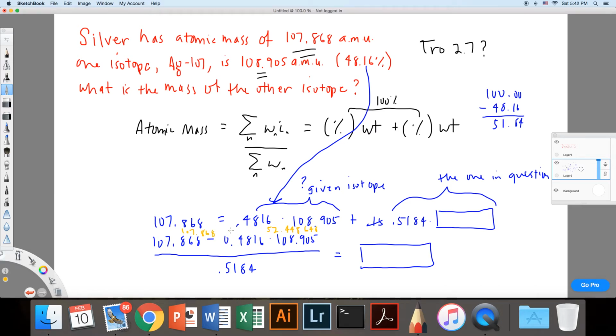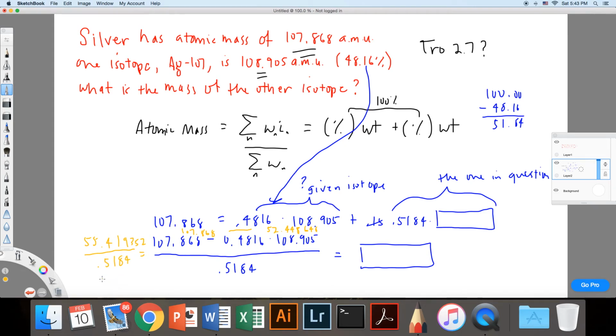Right? This is 107.868. So the numerator is going to be 107.868 minus 52.448648, which equals 55.419352, divided by 0.5184.